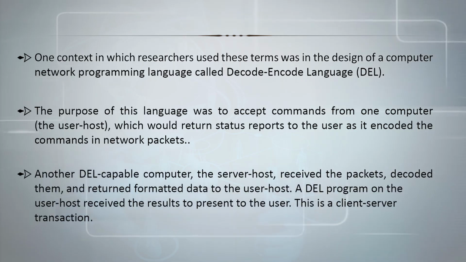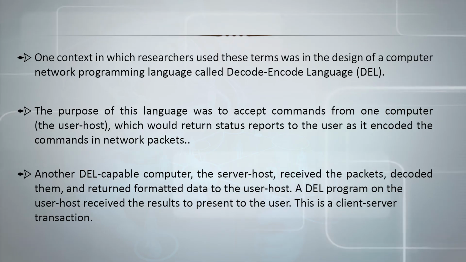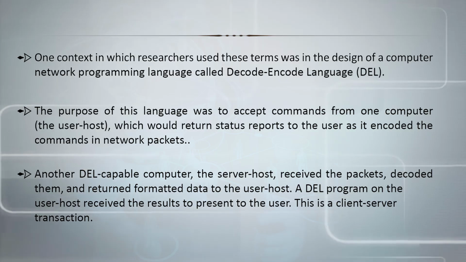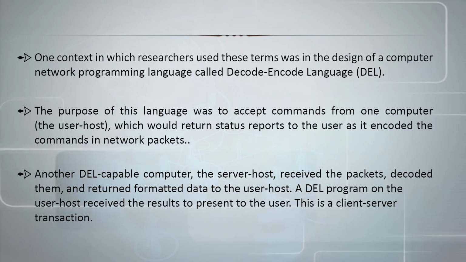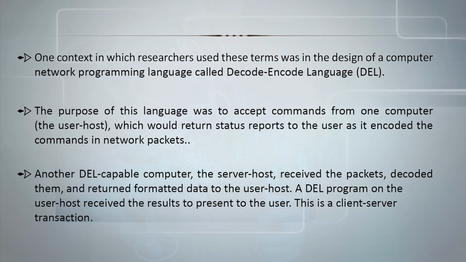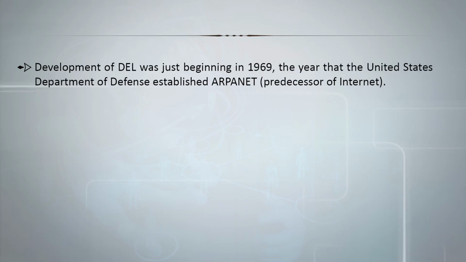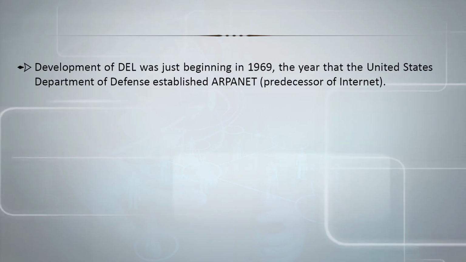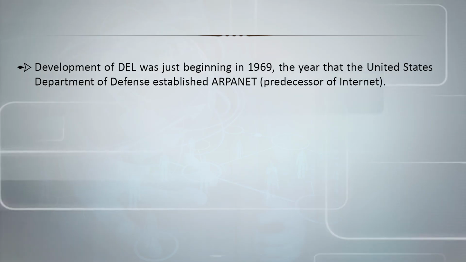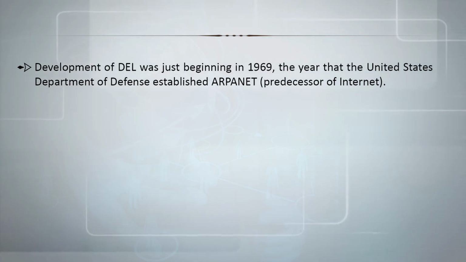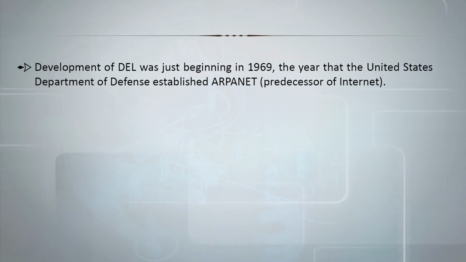Another DEL-capable computer, the server host, received the packets, decoded them and returned formatted data to the user host. A DEL program on the user host received the results to present to the user. This is a client-server transaction. Development of DEL was just beginning in 1969, the year that the United States Department of Defense established ARPANET, which is the predecessor of the Internet.